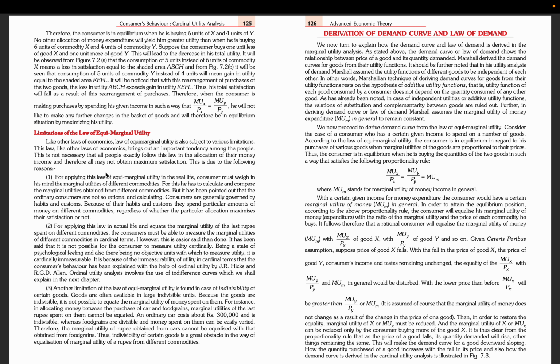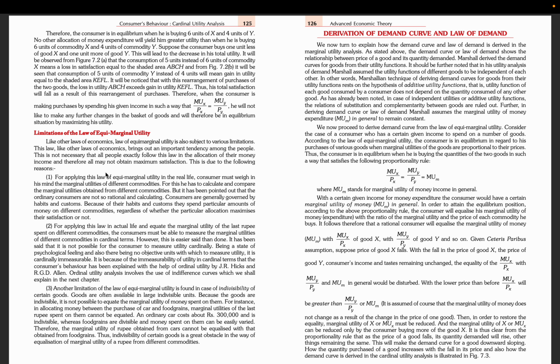Now, the limitations are listed as below. For applying the law of equimarginal utility in real life, the consumer must weigh in his mind the marginal utilities of different commodities. Okay, you must weigh what the marginal utility of the different commodities is. For this, he has to calculate and compare the marginal utilities obtained from the different commodities, right?